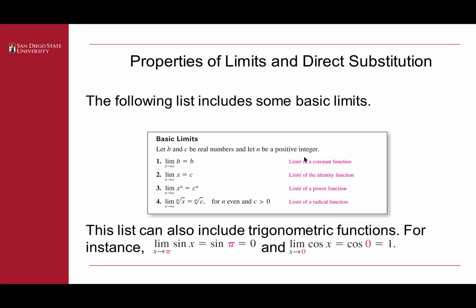And this list can also include trigonometric functions. For example, the limit of sine x where x approaches pi would be sine pi, which is 0. And the limit of cosine x where x approaches 0 would be cosine 0, which is equal to 1.